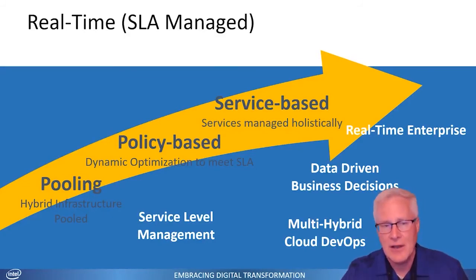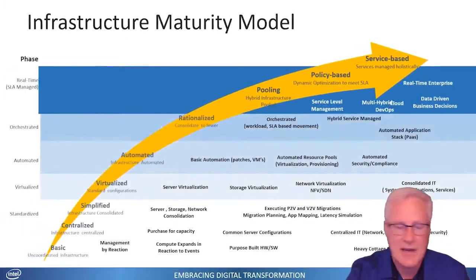So I'm optimizing my infrastructure, my data management, as well as my services all together. This gives me real-time service orchestration, service level managed. So I'm always meeting the service level agreements that I've agreed to for my customers as an IT professional.